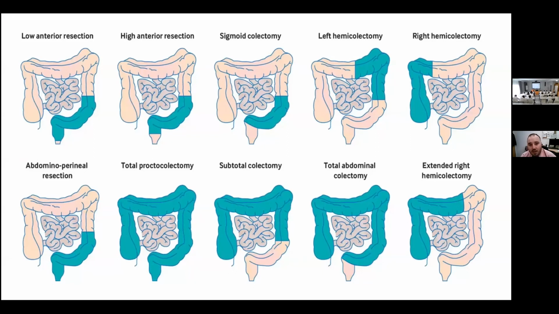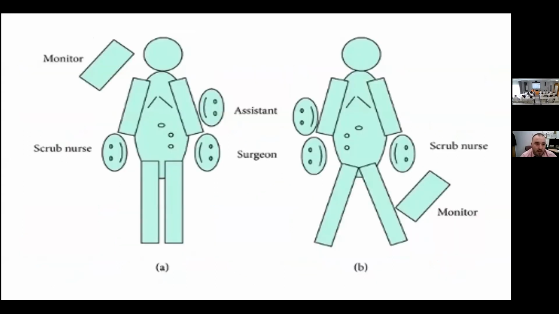As you can see here, there are a lot of different surgical operations that we can perform based on the tumor localization in the colon. And as you can see here, the gold standard, especially in the UK, is laparoscopic surgery. So every case we usually start as laparoscopic, and if we cannot perform it, then we can convert.